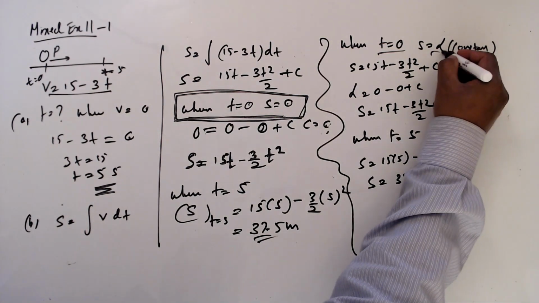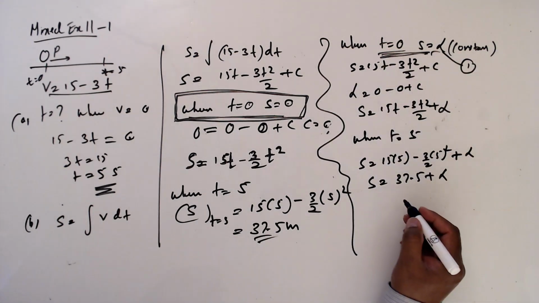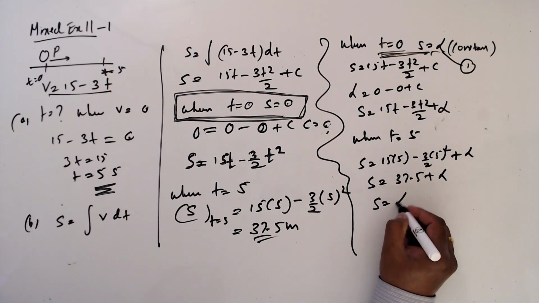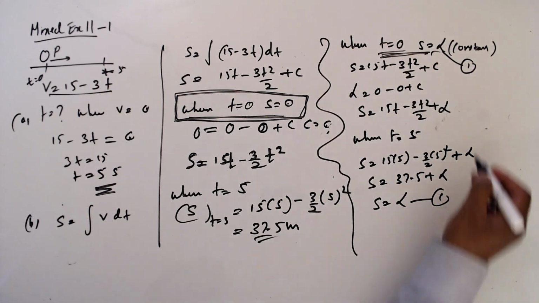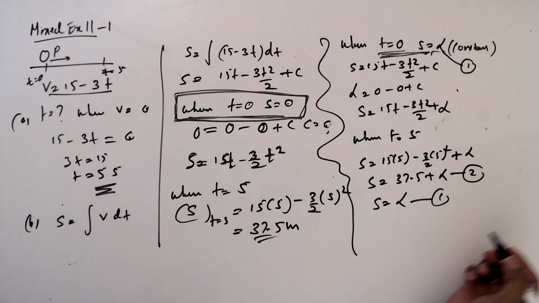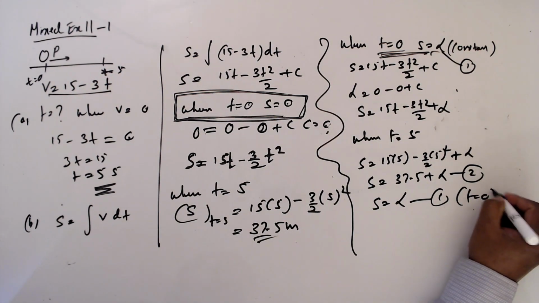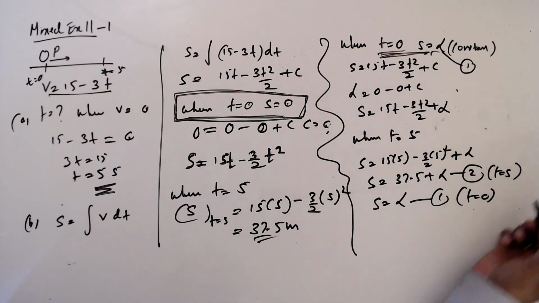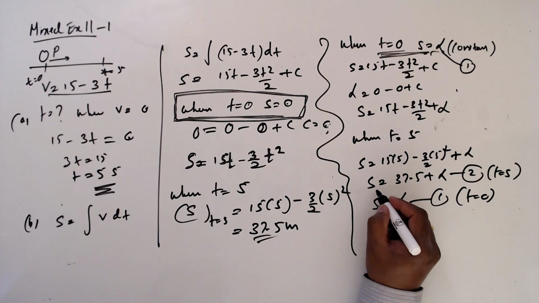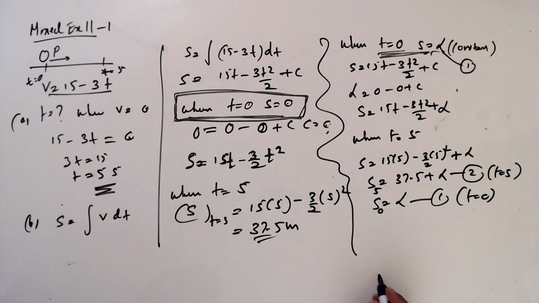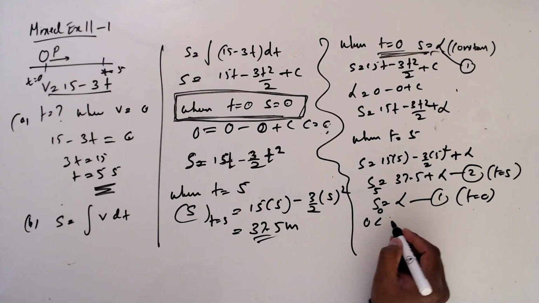Now this is the first equation: when t equals 0, s equal alpha. Let's say this is 1 and this is 2. So this is t equals 0 and t equal 5. I will put S0 and S5 as the distances. Then we need to find the travel distance during this interval.